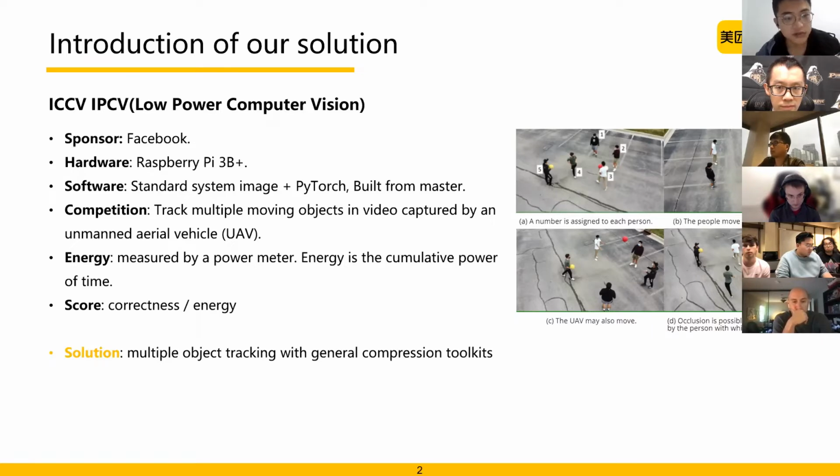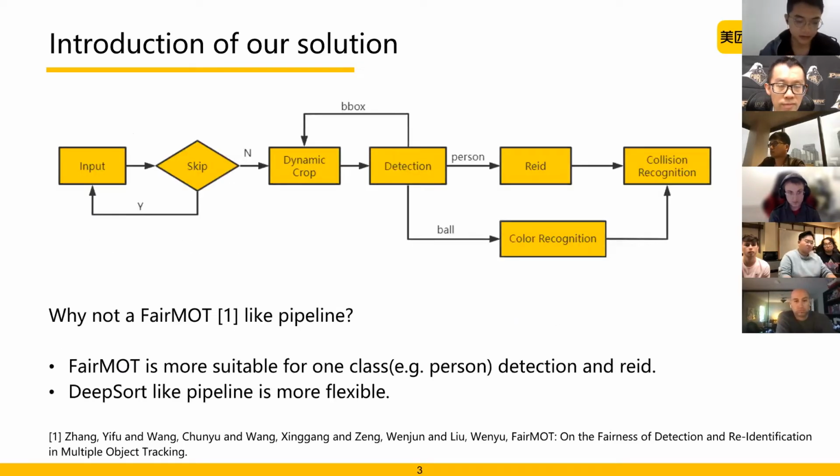So our solution is multiple object tracking with a general compression toolkit. This is the flow chart of our solution. The input video will be sampled, one frame every 10 frames, and then become the dynamic crop data.